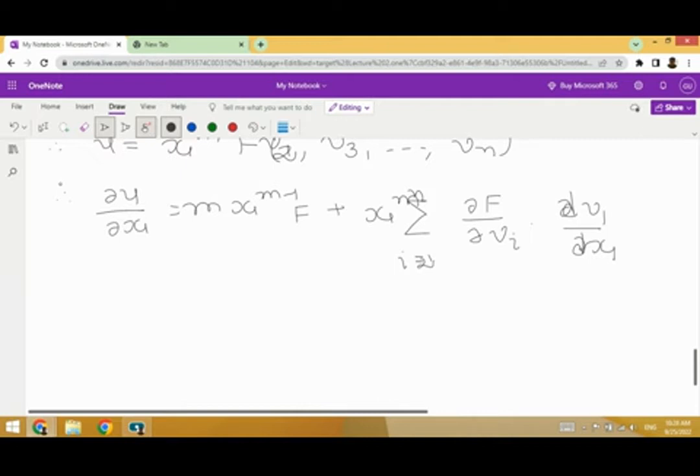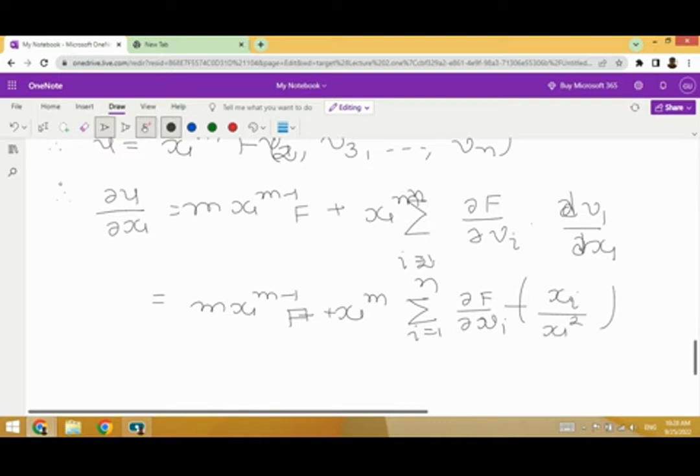It can be written as m x1 raised to m minus 1 f plus x1 raised to m summation i varying from 1 to n of del f upon del vi and del vi upon del x1, where vi is xi upon x1, so it is minus xi upon x1 square.